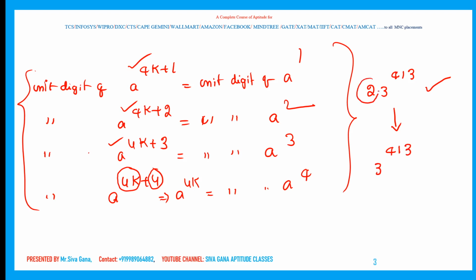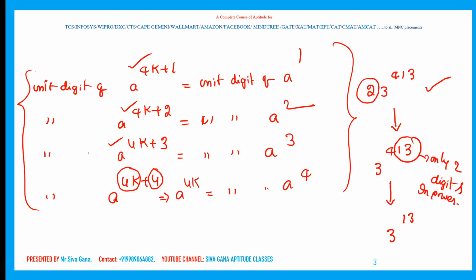No need to consider this digit. Now the next thing: its unit digit is the same as 3 power 13. Just consider only these two digits. Only two digits in the power are enough.